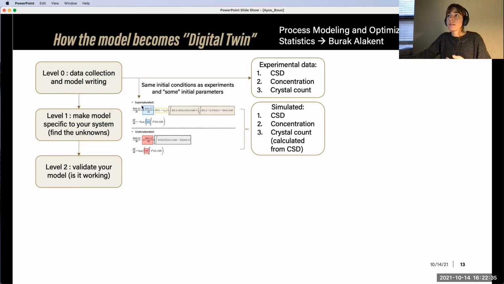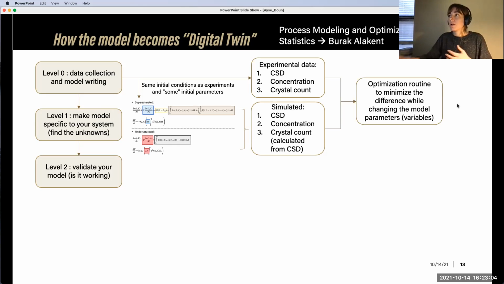So what I do, I basically use the same conditions that I have in my experiments and simulate those experiments. And now I can calculate the same data for crystal size distribution, concentration, and crystal count. And to create a digital twin, you want to minimize the difference between your actual data and what your model is simulating, so that you can say, oh, my model is a good representation of what's happening in real life.